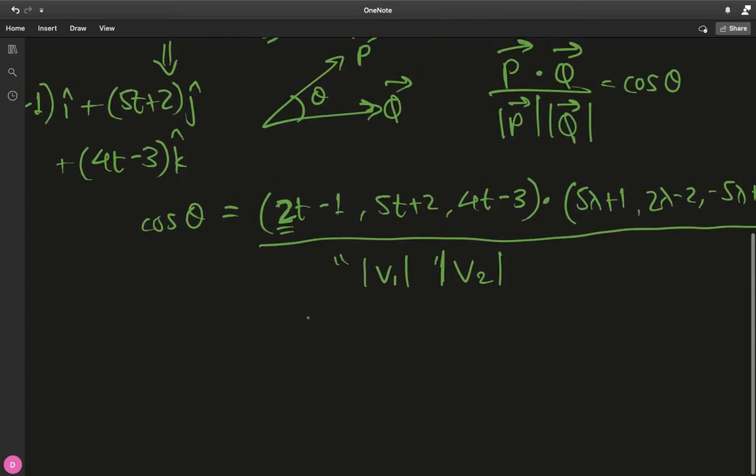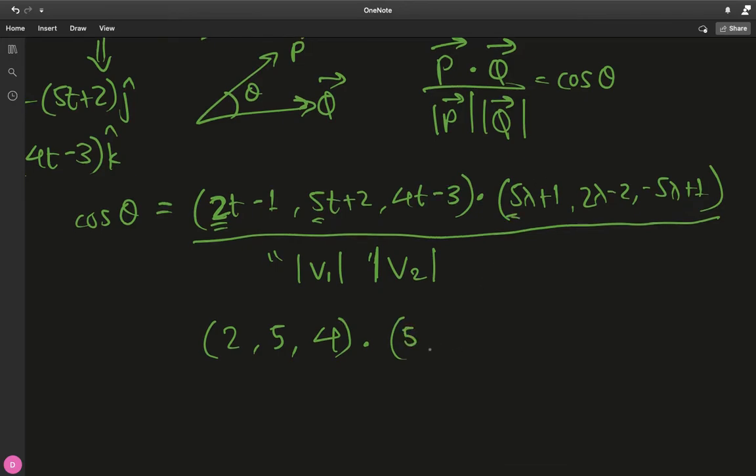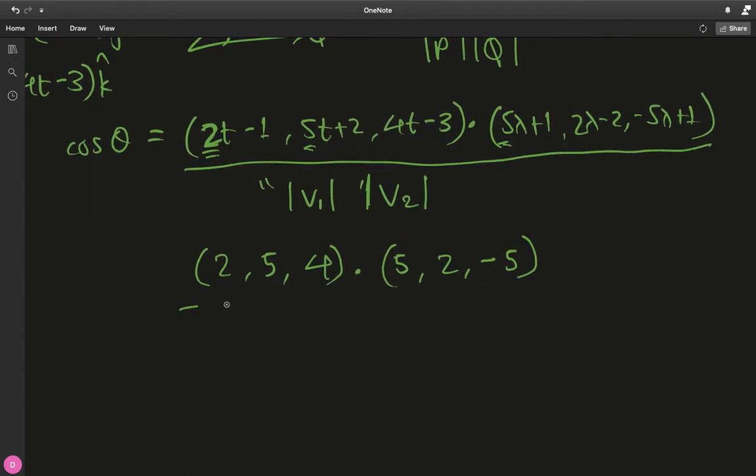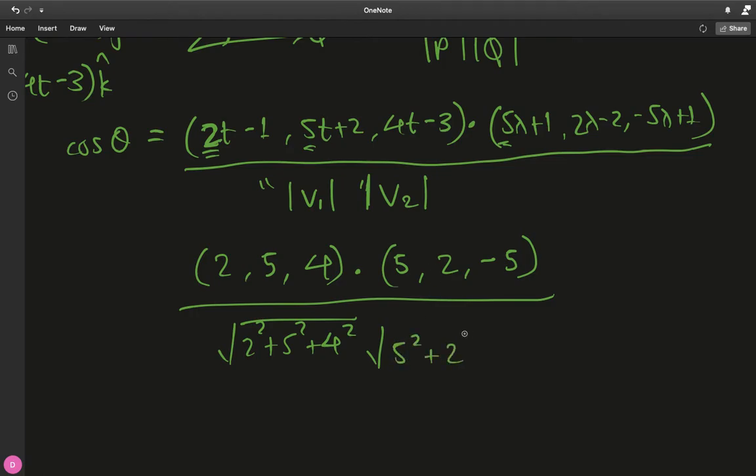If you look at these numbers, here we have 2, 5, 4, dotted with the same thing here, 5, 2, negative 5, divided by the magnitude of this vector, which is the square root of 2 squared plus 5 squared plus 4 squared, times the magnitude of this one, which is the square root of 5 squared plus 2 squared plus negative 5 squared, forget the negative for the magnitude. That would be cosine theta, the cosine of the angle between them.